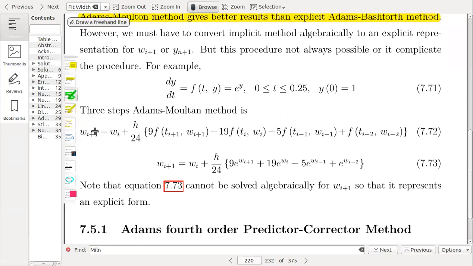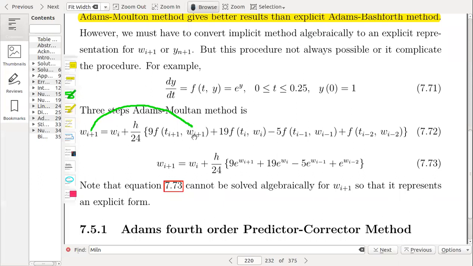So what's the problem here? Here on the right side there is wi plus 1, and wi plus 1 is on the left side too. So that is why this method is not an explicit method. It is an implicit method, because on the left hand side it is wi plus 1, and it is written in the form of wi plus 1 again.